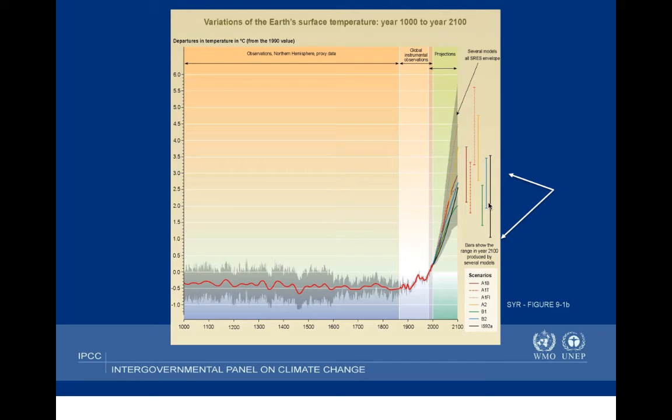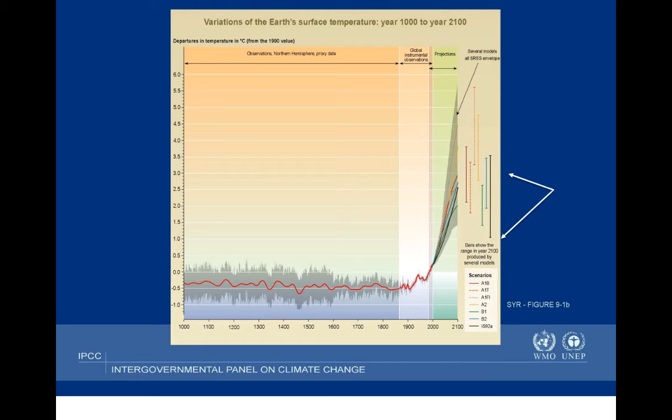The bars in here show a range that is associated with each scenario, and that range associated with the scenario is the range that is associated with models. So there's an ensemble of models, and that would be called the model uncertainty.